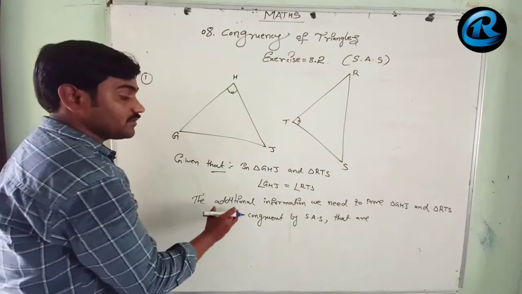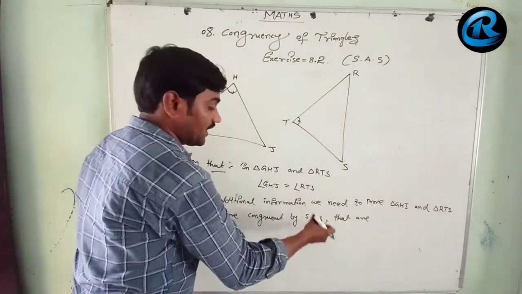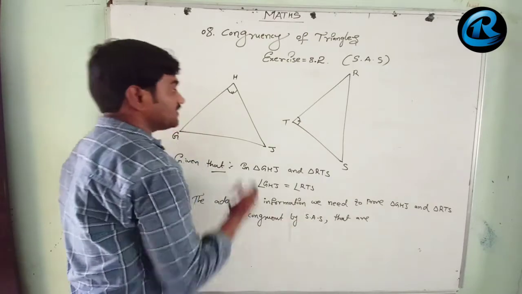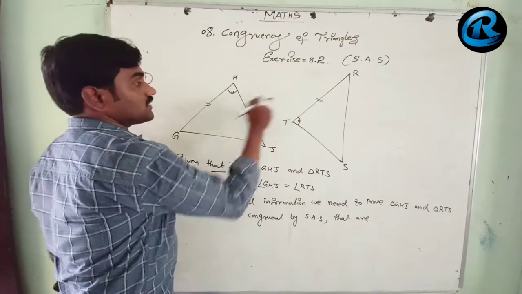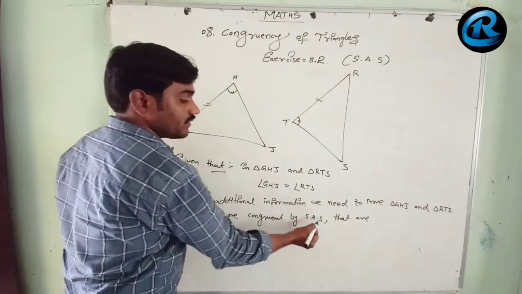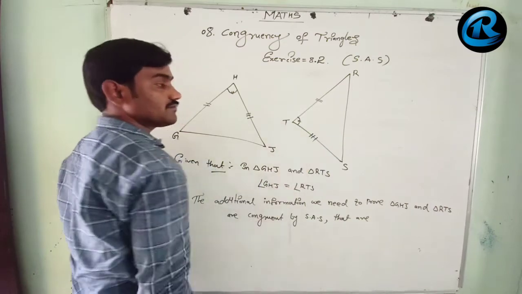What additional information is required to prove these two triangles are congruent by side angle side? That means these two sides will be equal. Here, on the sides, this angle should be in the middle, so we have to take these sides now.